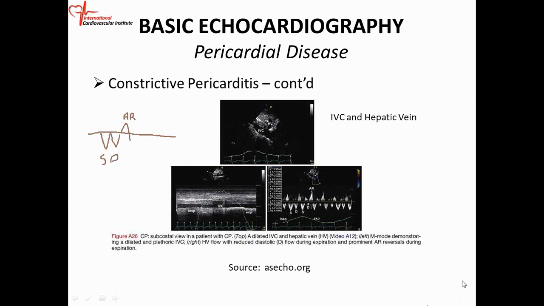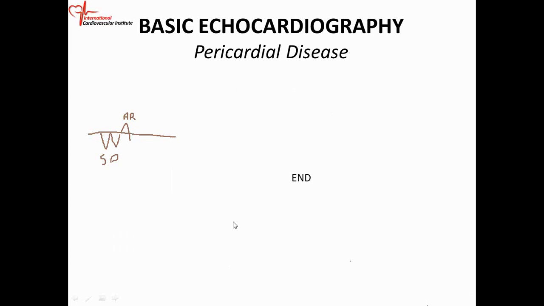Let's just go back. All right, so I think we're going to stop here. Okay, so this lecture is very important because we see pericardial disease every day in the echo lab, and it's very important for you to make a good assessment of what's going on.